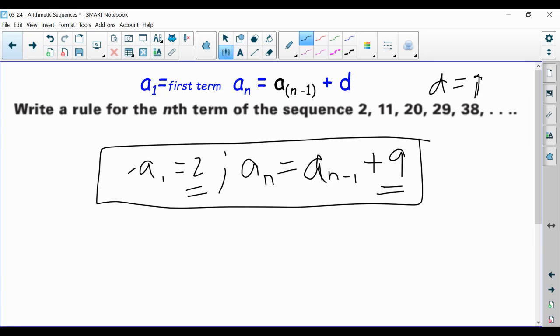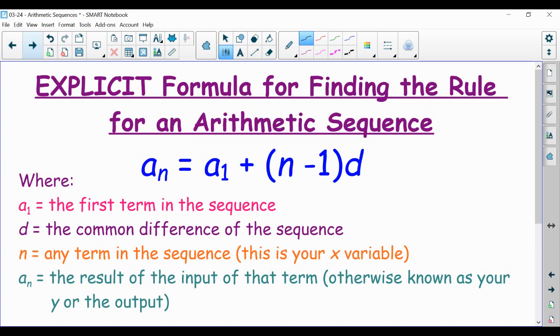And some of you would say, well, we can shortcut that, right? If I'm adding the same number each time, I can just multiply instead. You're right. And this is where we derive what we call the explicit formula. The explicit formula is our shortcut that allows multiplication to happen in order to find that later term.